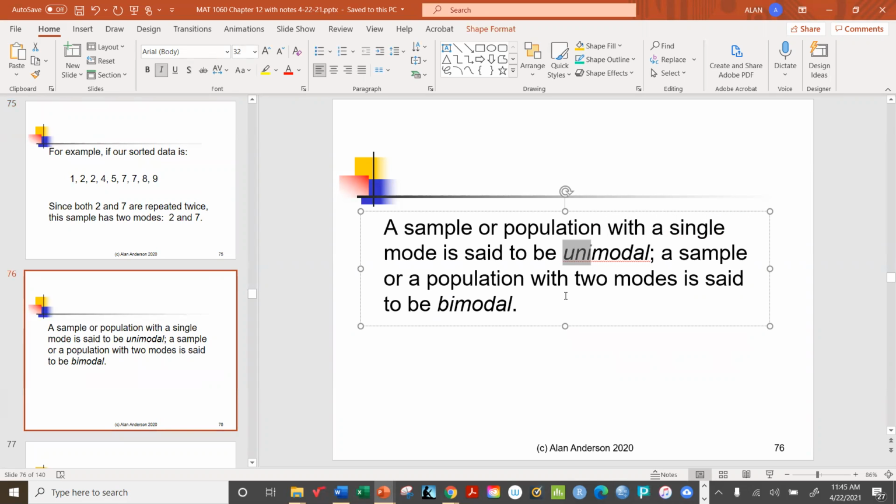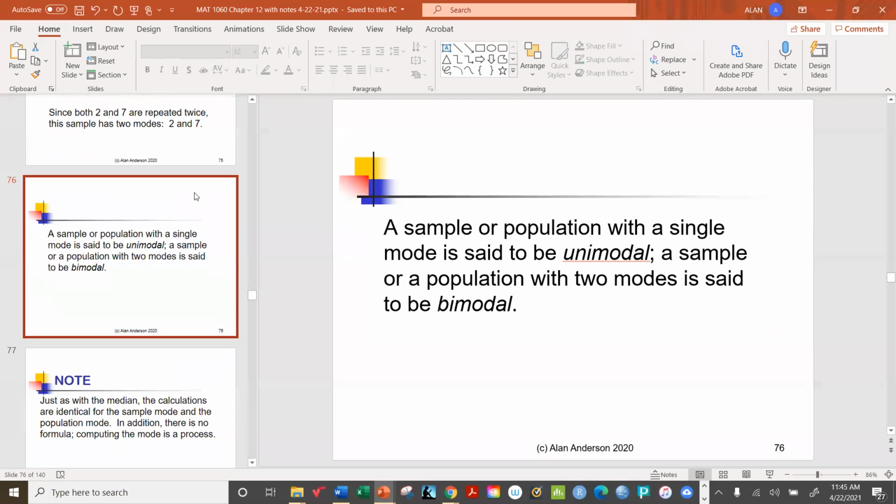A sample with 2 modes is said to be bimodal because we know that bi means 2. And of course, you can carry this on as far as you want. If you have bimodal, polymodal. Yes, exactly. 3 would be trimodal, and then it goes on and on after that. So you can have as many modes as you want. I mean, anything is possible with modes. Well, that also makes things a little bit more awkward.